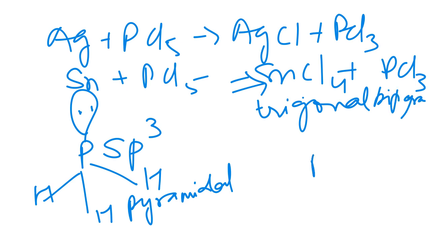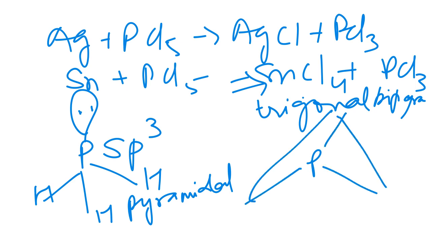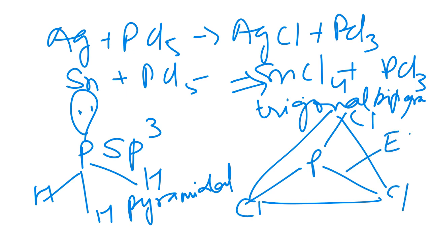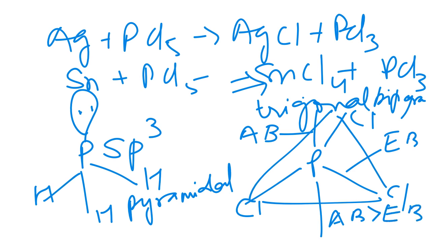So how will be the structure? There will be 3 equatorial bonds, Cl, Cl, Cl. These are the PCl equatorial bond. Then one above and one below. These are what? Axial bond. And you know that axial bond is longer than equatorial bond here.